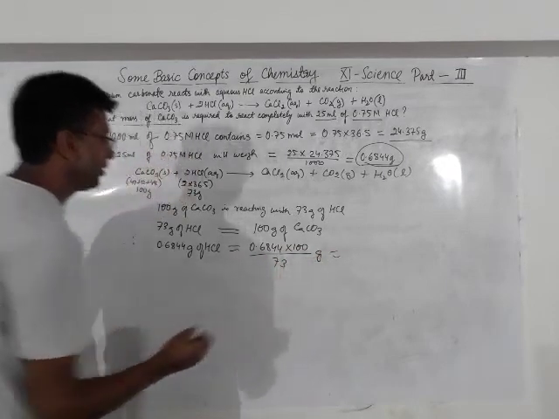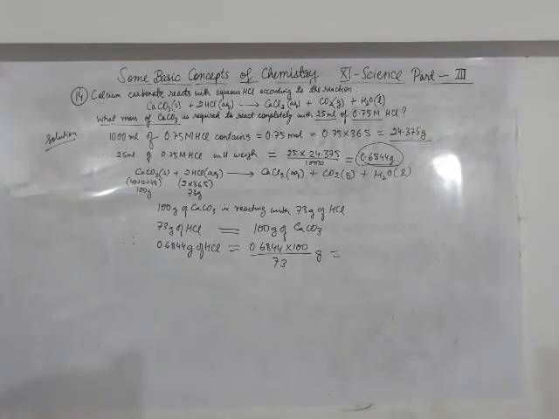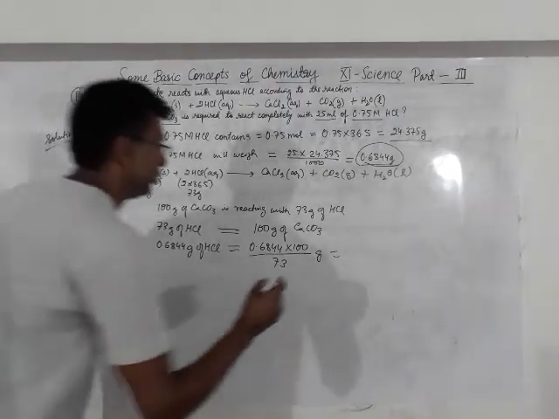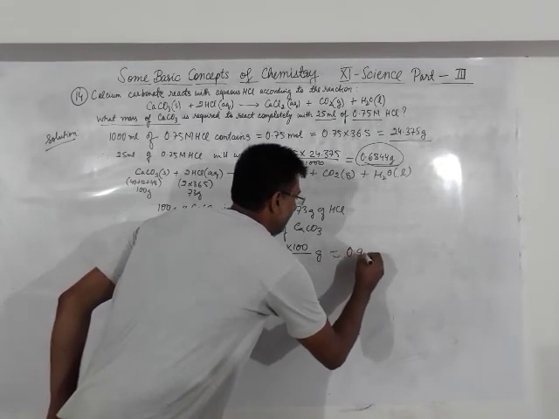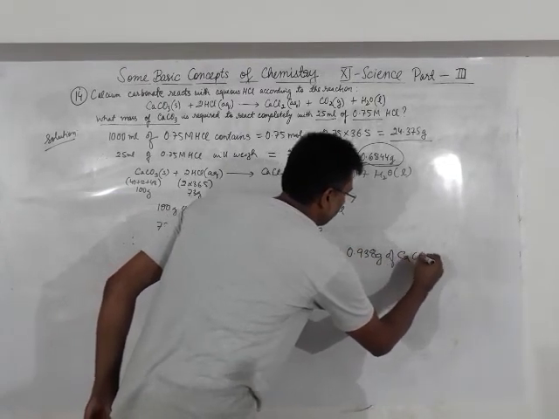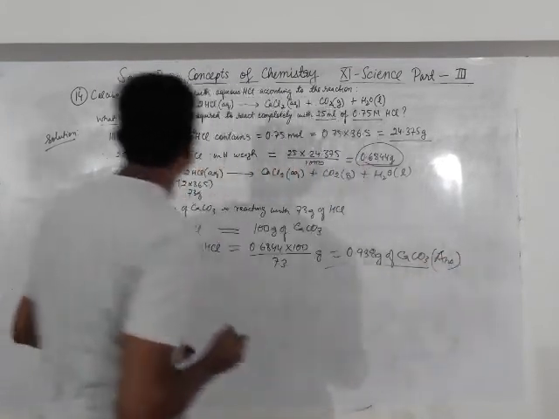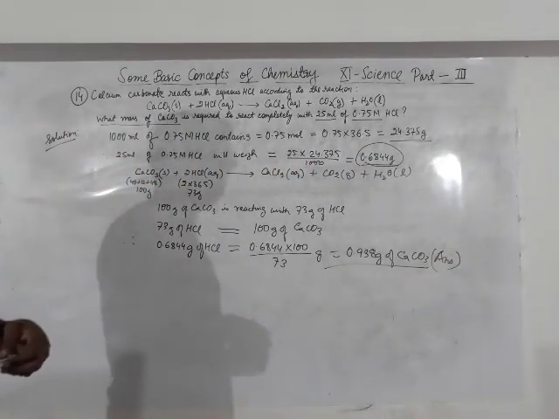So you simplify this: 0.6844 multiplied by 100 divided by 73 comes roughly to 0.938 grams of calcium carbonate. This is the answer. Now this is how you do number 14 over here.